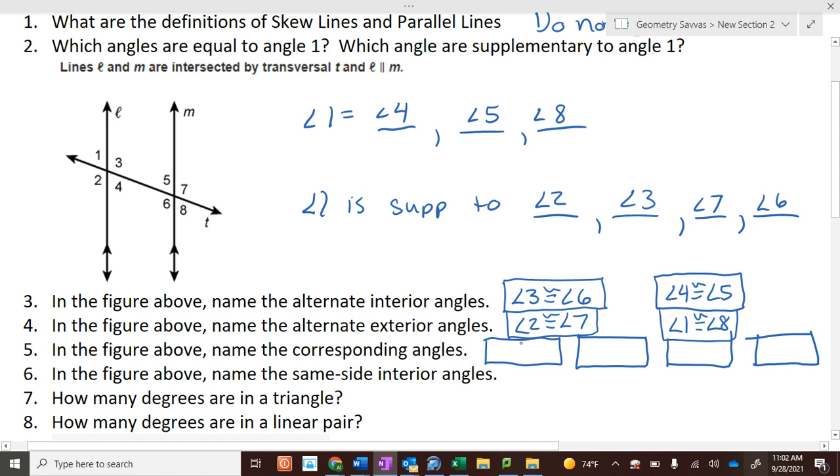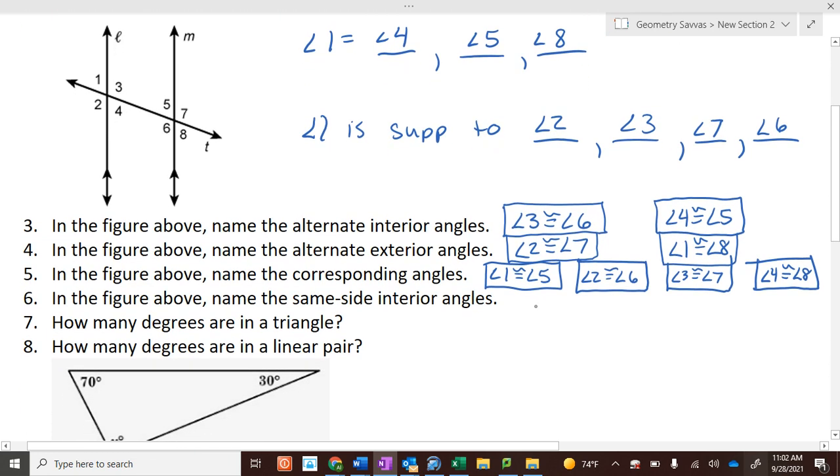So, what are our corresponding angles? 1 and 5, 2 and 6, 3 and 7, 4 and 8. Those are corresponding angles. Okay, and then we'll have two sets of same side interior angles.